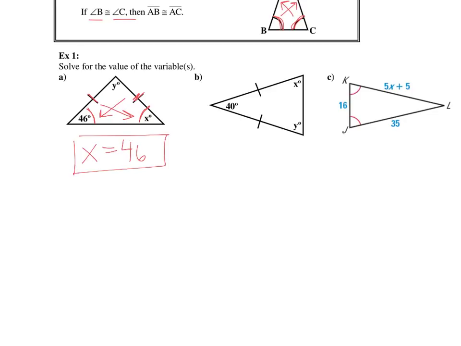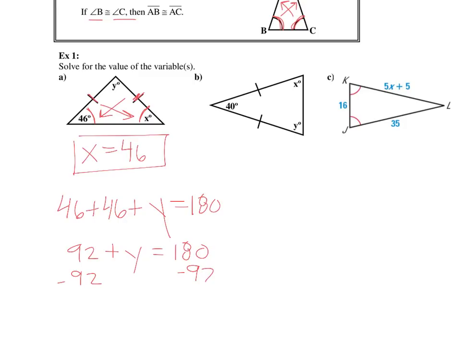How am I going to figure out the third? Well, what do they all add up to? They all add up to 180. So I have 92 plus y is equal to 180. Subtract 92, and y is equal to 88.